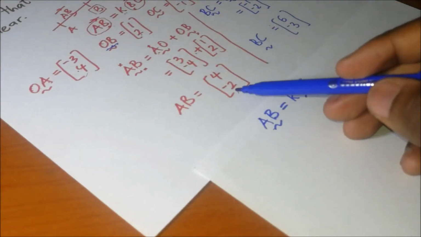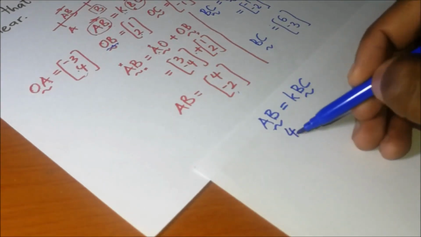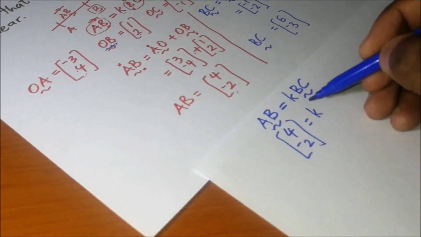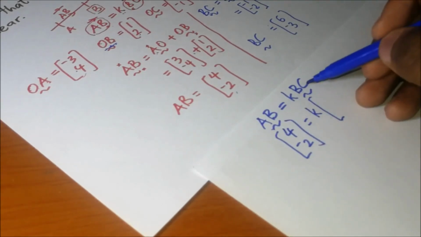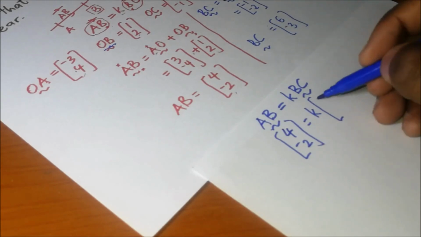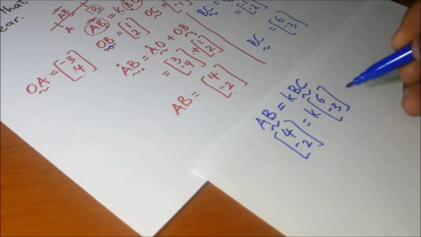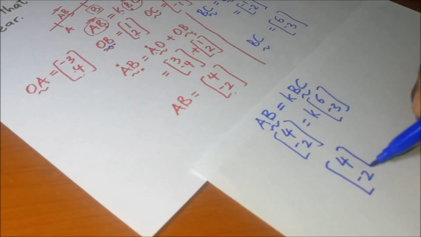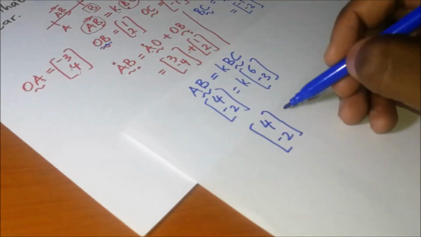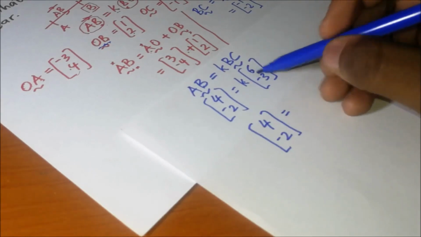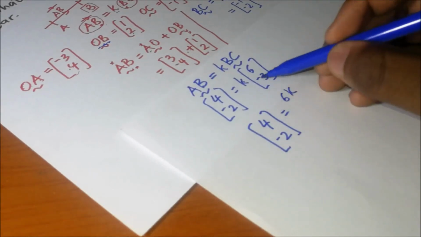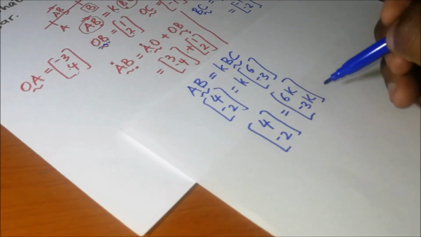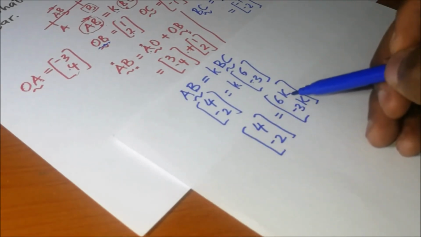My value of AB is 4, -2, so this is 4, -2 is going to be the constant K times BC. My BC is 6, -3. So this is going to become 4, -2 is going to be equal to 6 times K is 6K, 6 times -3 is -3K, like that. So I'm going to go ahead and find my value of K.